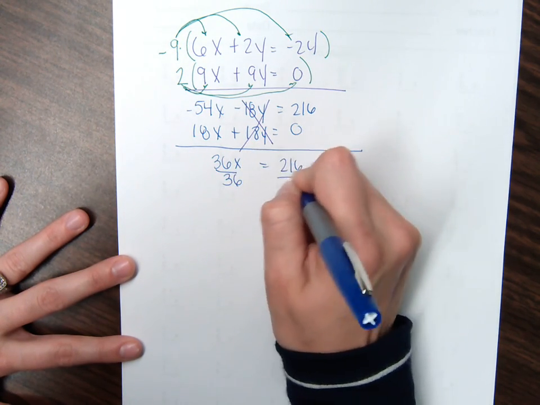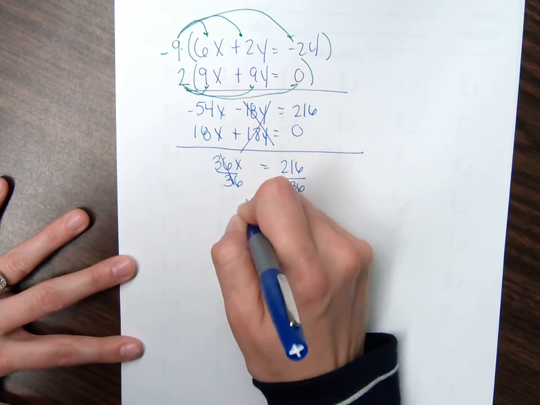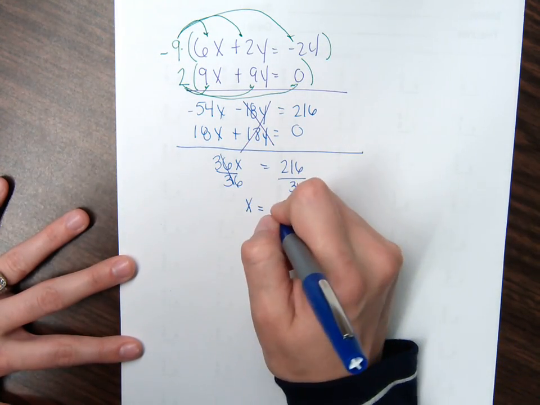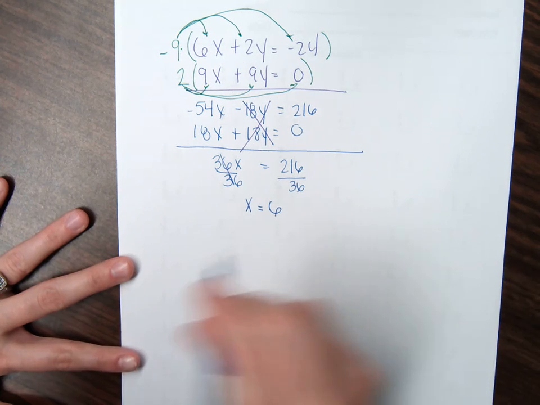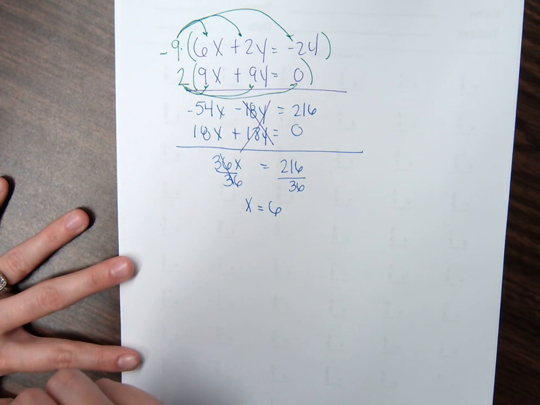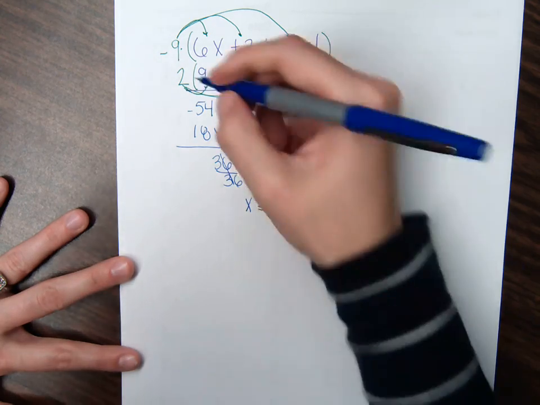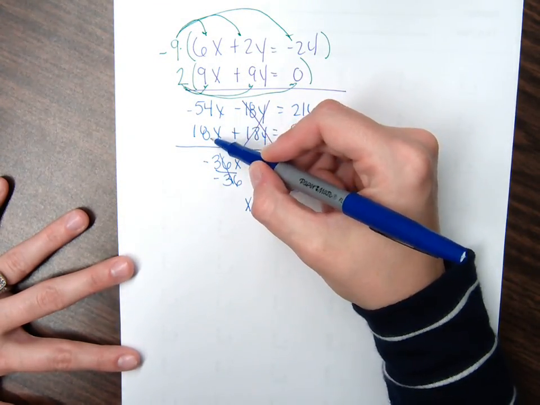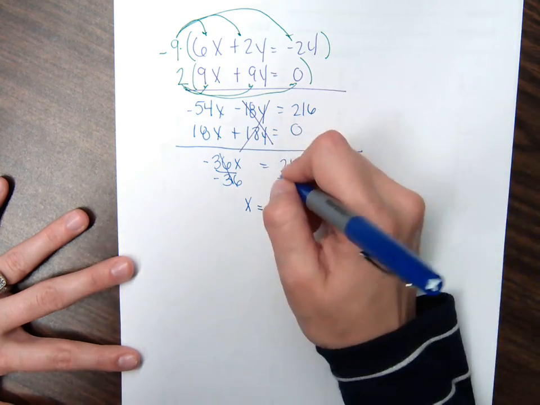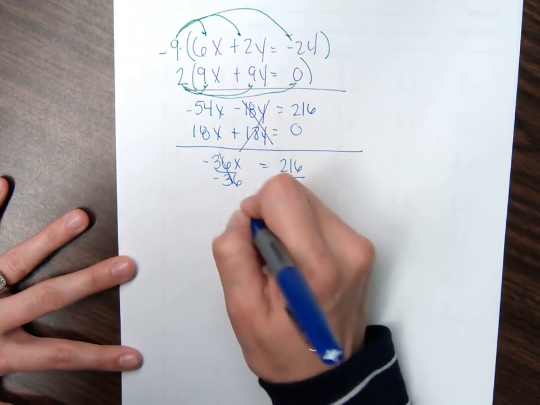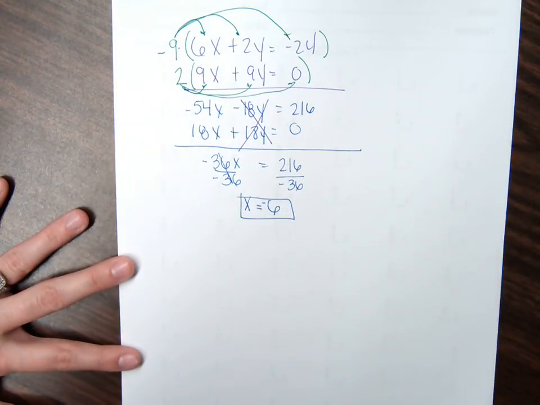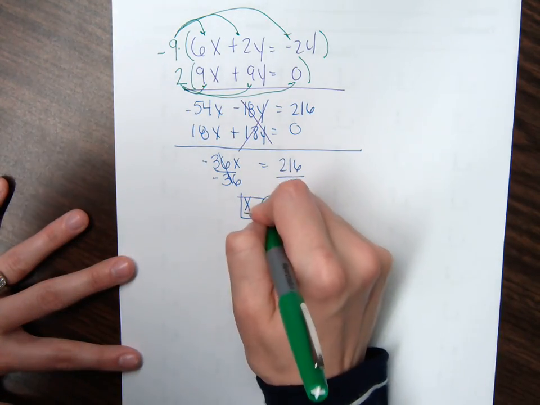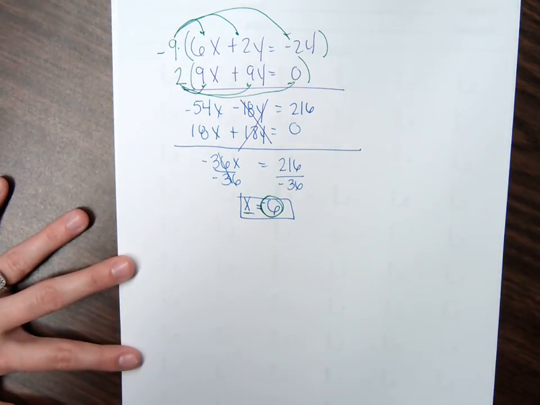Divide both sides by 36, and we have x is positive 6. Oh, I'm sorry, this is supposed to be a negative 36 because negative 54x plus 18x gives me a negative 36. So that's going to make this negative 6. So we know x is negative 6.